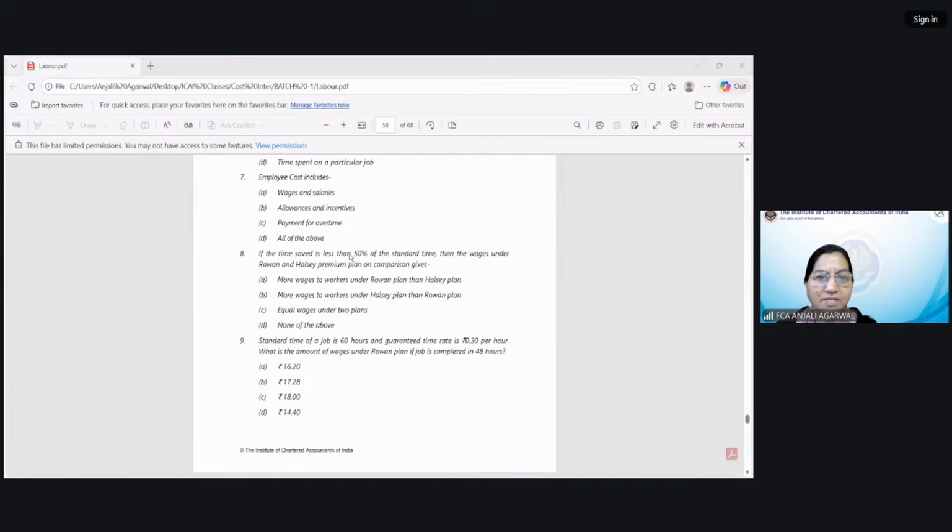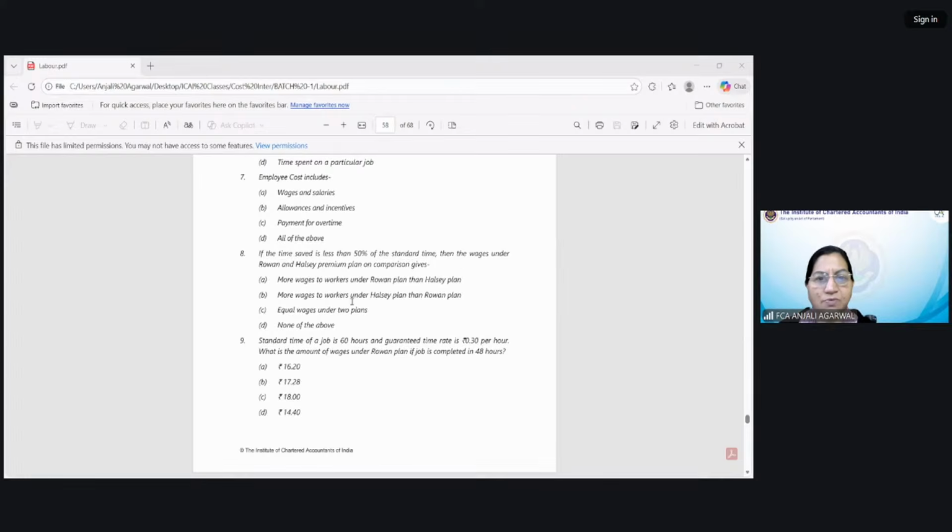Fine. If the time saved is less than 50% of the standard time, wages under Rowan and Halsey plan on comparison, which one gives more? If the time saved is less than 50%. Who gives more? Halsey. It is A. So more wages to worker under Rowan plan than Halsey?